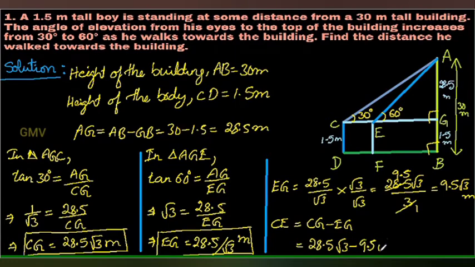It implies CE is equal to 28.5 minus 9.5, means we get 19 root 3 meter. This is the distance walked by the boy.